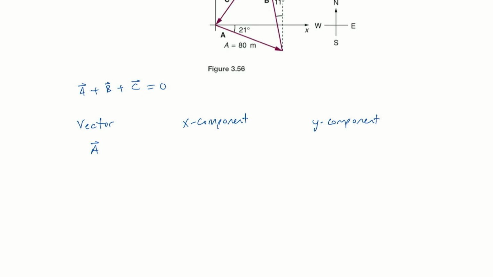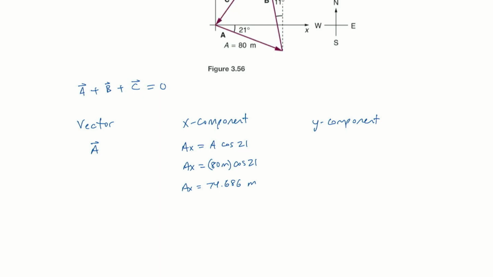For vector A, AX is going to be A times the cosine of 21. So AX is 80 meters times the cosine of 21 degrees. This gives an AX of 74.686 meters. I'm keeping extra digits there.